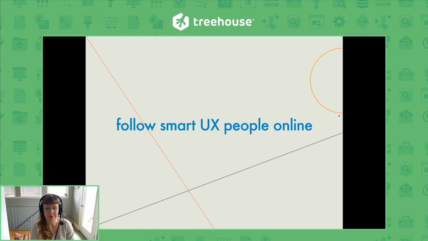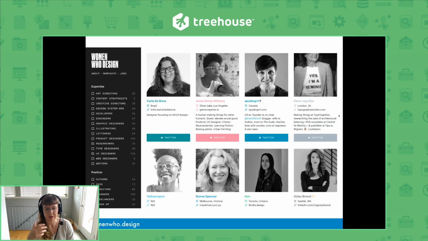Also, follow some smart people online. Maybe you don't know a lot of UX folks who are working in the field. I would recommend checking out this site called Women Who Design. The way this works is it scrapes Twitter bios and finds folks who are UX designers and also graphic designers and so on, but you can filter by expertise.